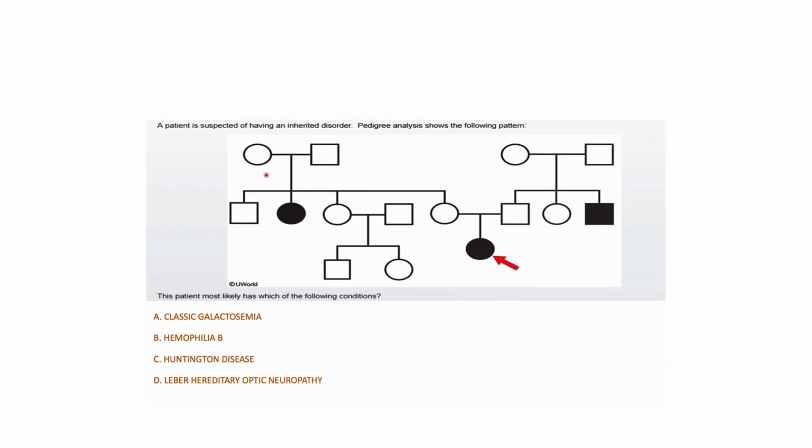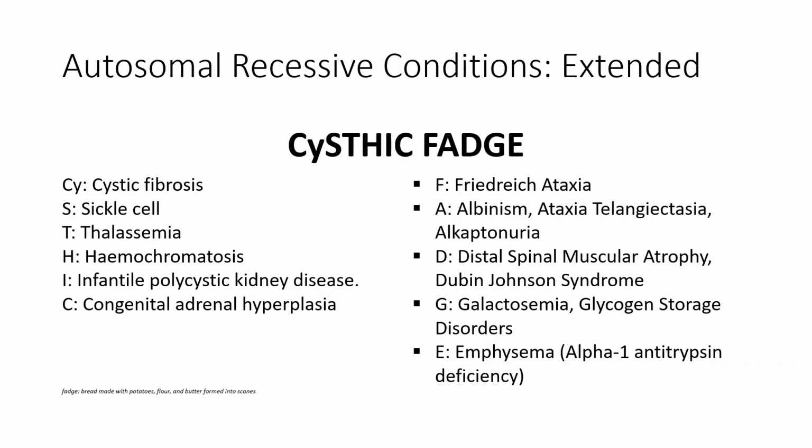Leber hereditary optic neuropathy is a mitochondrial disease. So we're left with classic galactosemia. Check your FAJ there. The G in the FAJ, that's your galactosemia.